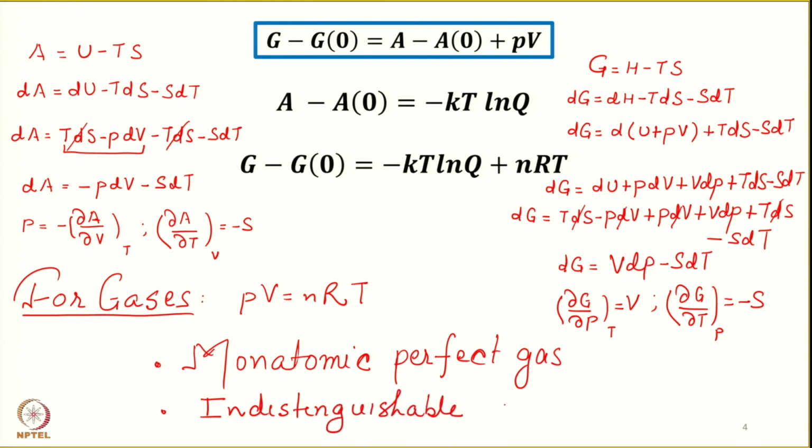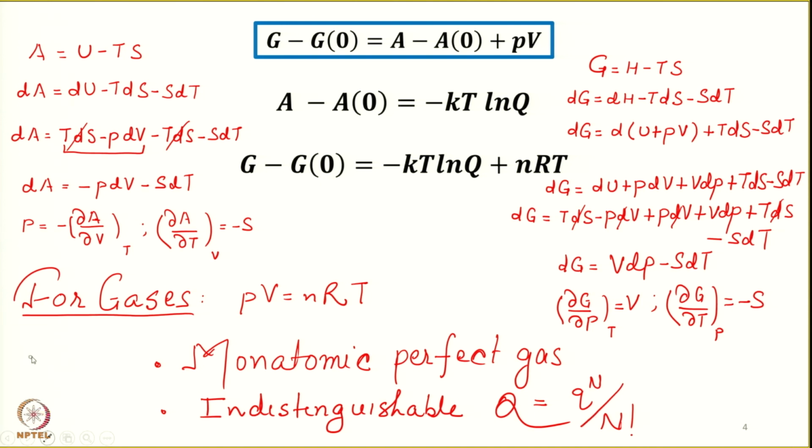That means I will write Q is equal to q raised to the power N over N factorial. These we need to now consider. So for discussion ahead, I will choose this equation and then use Q is equal to q raised to the power N by N factorial and proceed further.